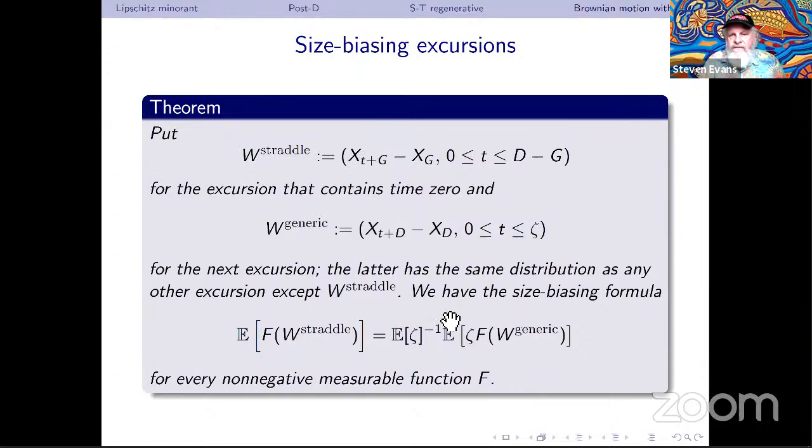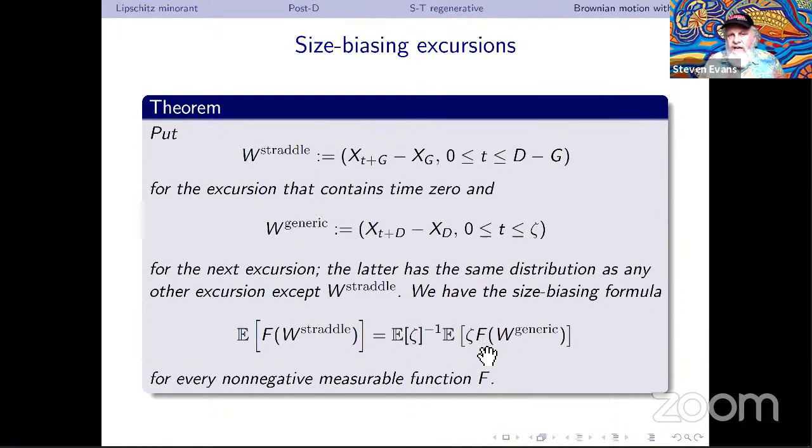Well, we have, by analogs of general Palm theory formulae, the size biasing type formula that says that if we're interested in some feature of the excursion straddling 0, then we can compute that in terms of stuff to do with the generic excursion just by doing an appropriate size biasing.